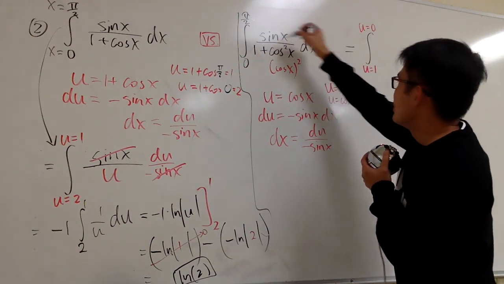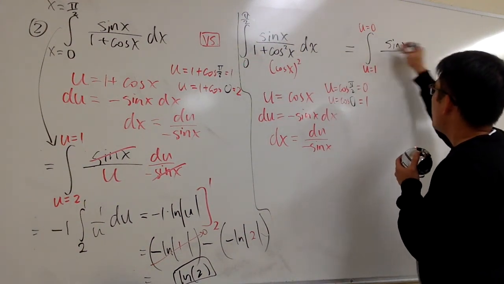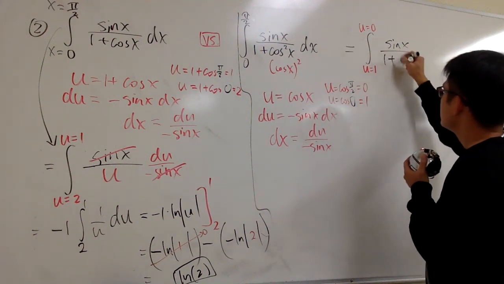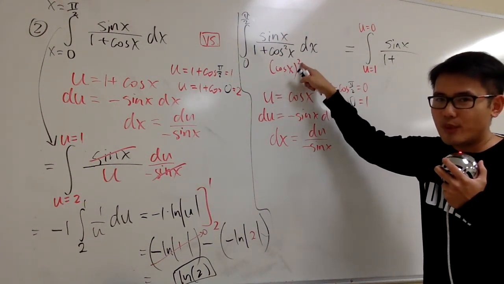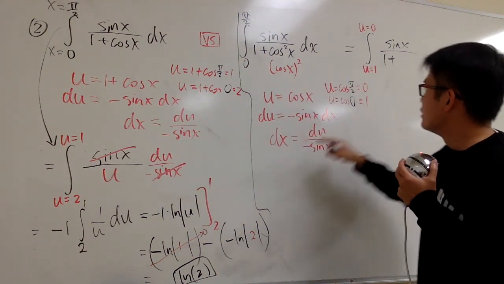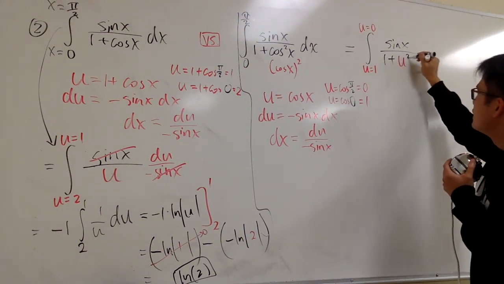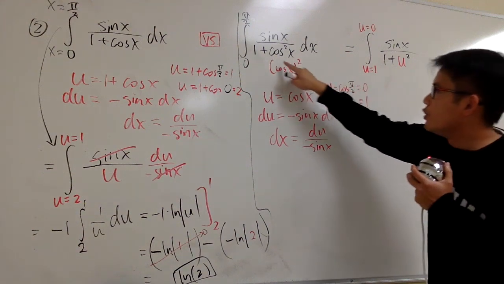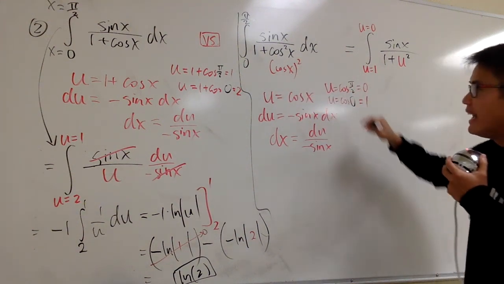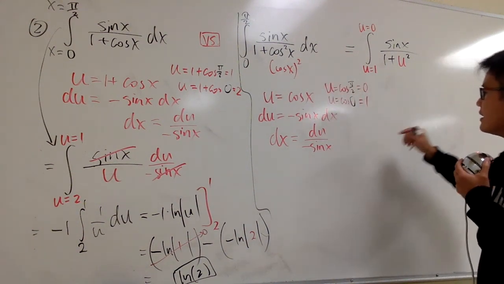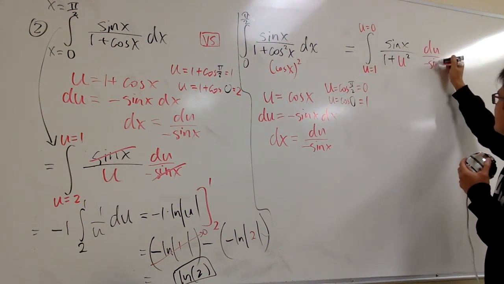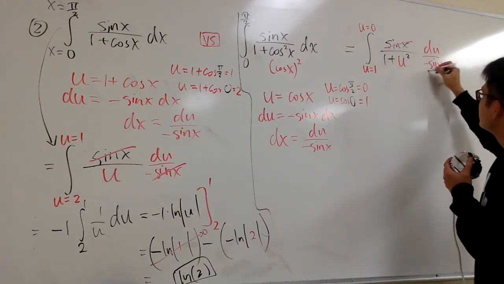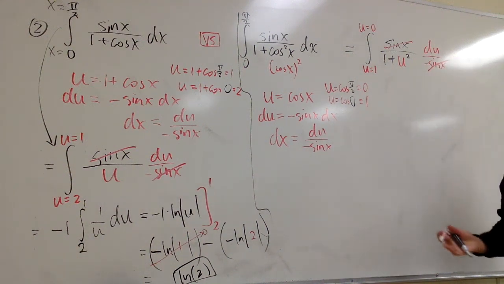Okay, so let's see. On the top here, we have sine x over 1 plus, and then this part, we have cosine x squared. But cosine x is the u, so we have u squared, right? And for the dx, it is du over negative sine x. And then sine x and sine x cancel each other out.